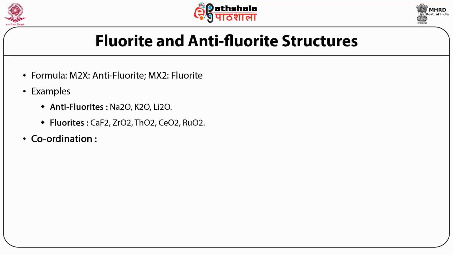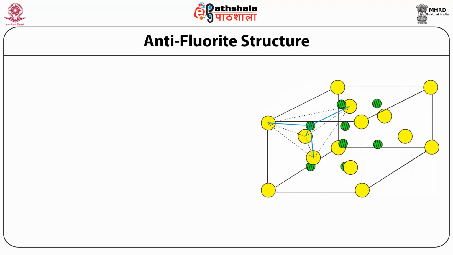The coordination number of antifluorites will be 4 for cation and 8 for anion, whereas for fluorites, the anion is 4 and cation is 8. So the radius ratio for such antifluorites, Rc by Ra, comes out to be 0.225 to 0.414.